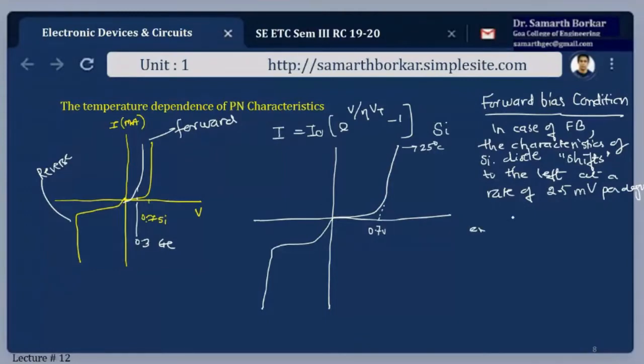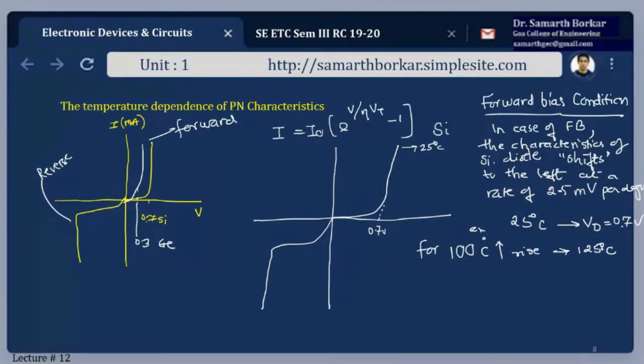Example, at 25 degrees Celsius, I'm having this diode voltage as 0.7 volt. Now for a 100 degree Celsius rise in temperature, the total temperature is 125 degrees Celsius.